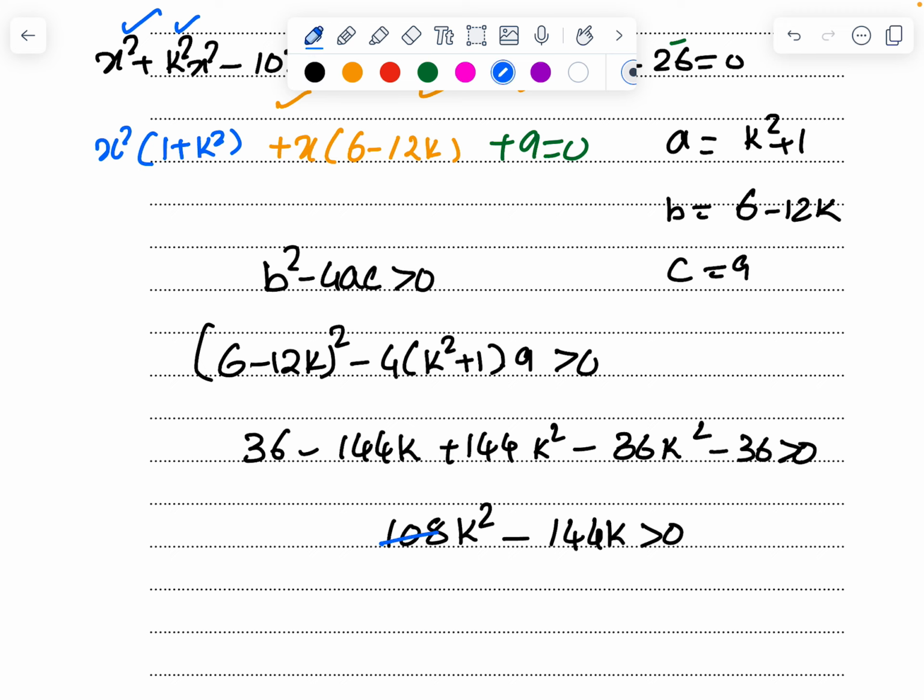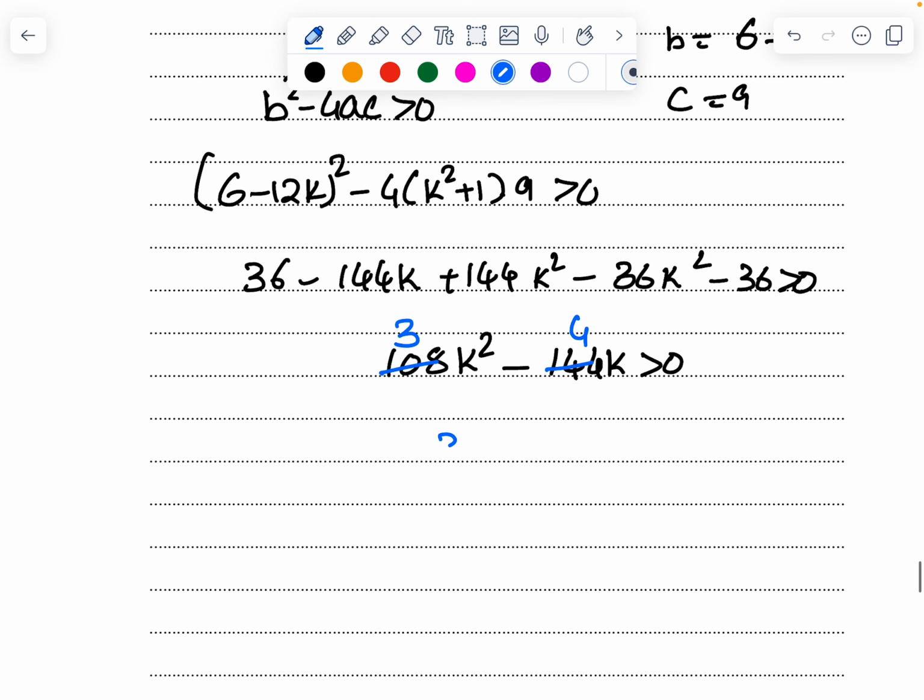Divide by 36, 36 times 3, 36 times 4. So I get 3k² − 4k > 0. k common: k(3k − 4) > 0. So k is greater than 4/3 or k is less than 0.